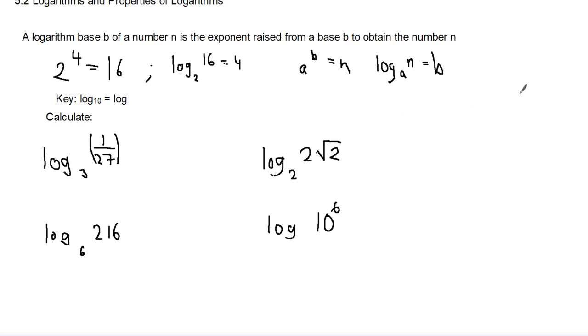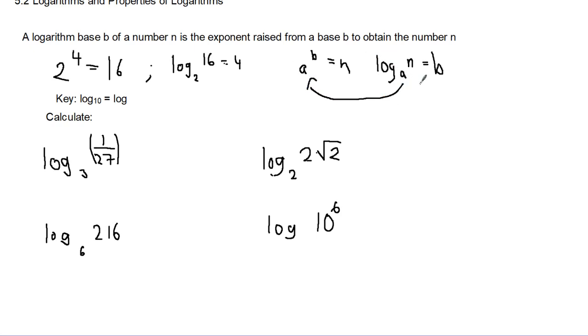there's a triangle. I should have pasted the triangle in here, but basically, logarithms, roots, and powers have a relationship with each other. So a to the b is equal to n, right? If a to the b is equal to n, it's called log base a because that's the base of the exponent.